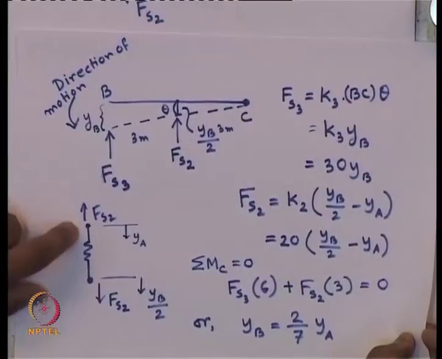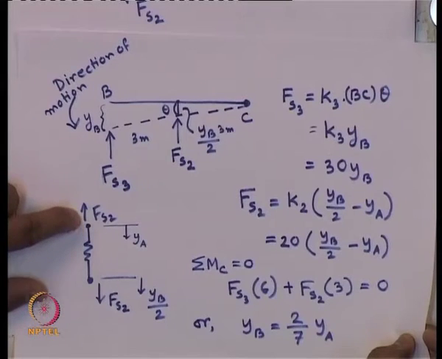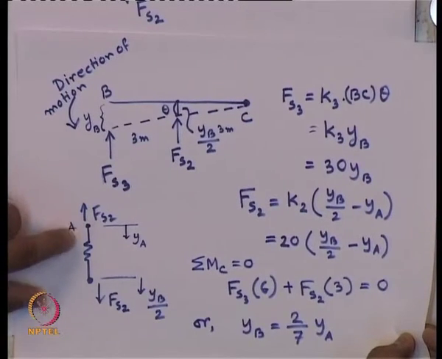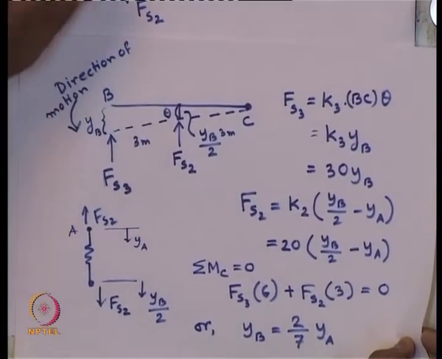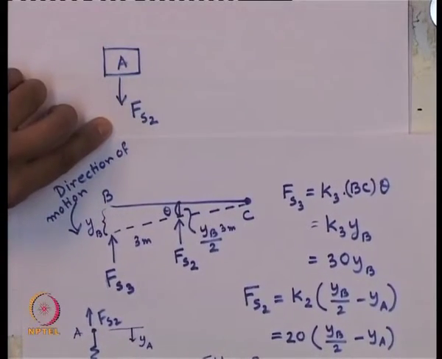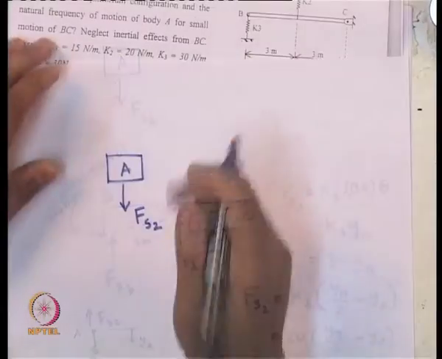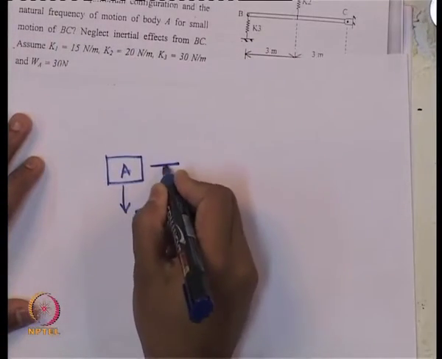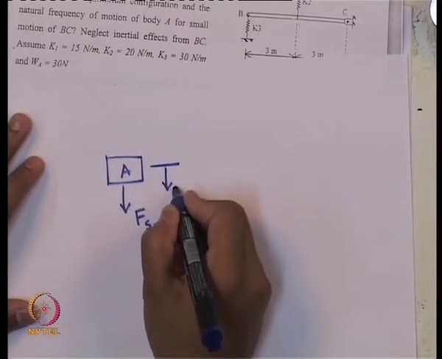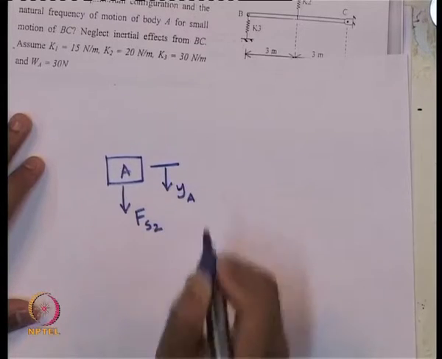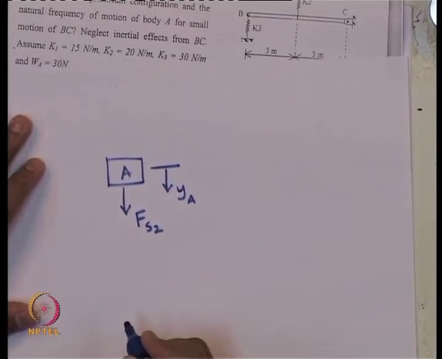Why should it be in this direction? Let us go back to the previous free body diagram. For the spring, at this end the force was in the upward direction. So, to maintain the equilibrium at this point, obviously the direction will be downward. And the deflection of point A we have considered downward as y a.